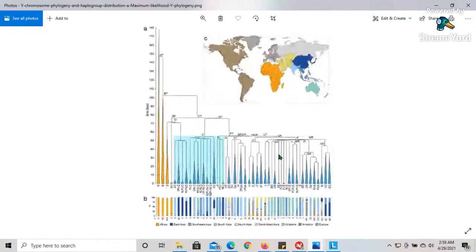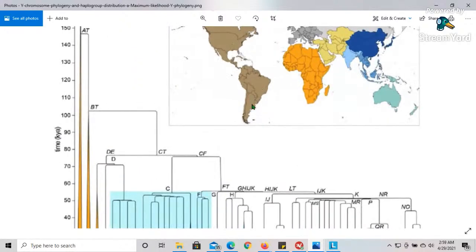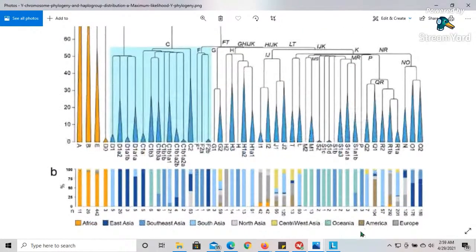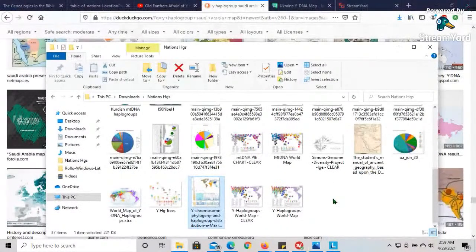In the indigenous populations, of course, this is brown. Brown is America, as you can see here. So I'm not making it up. It's just a pattern that we can see.